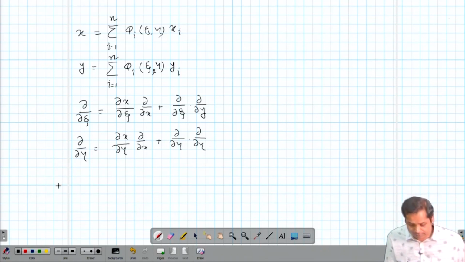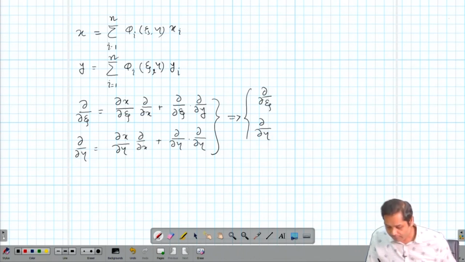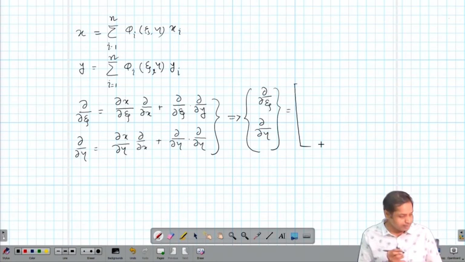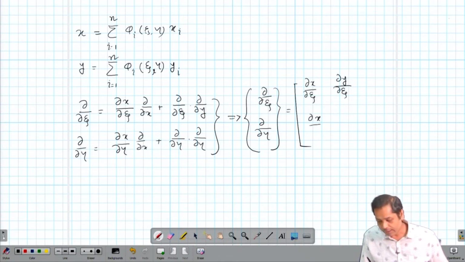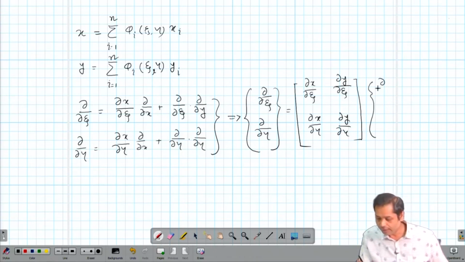Now combining these two, this will give us del xi and del eta as a matrix: del x del xi, del y del xi, del x del eta, del y del eta, multiplied by del x and del y.